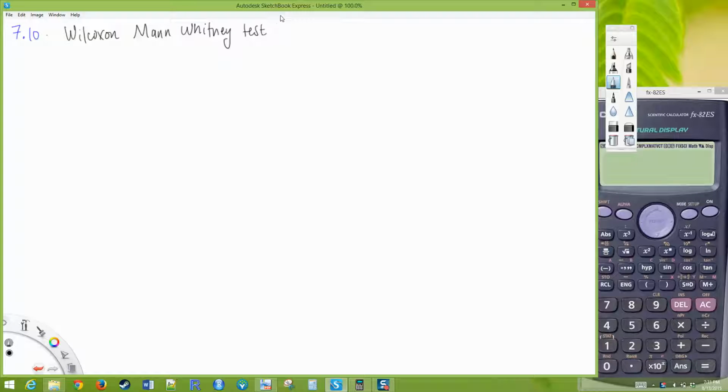Okay, the Wilcoxon Mann-Whitney test, and this fits in a larger scheme, or just a larger group of hypothesis tests known as nonparametric tests.